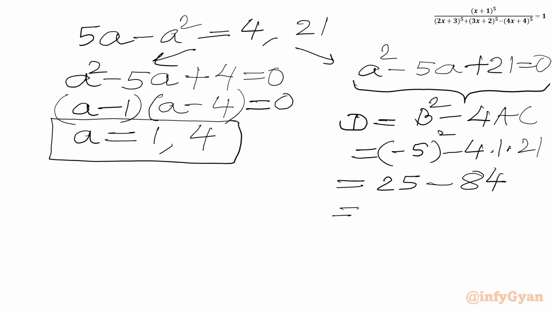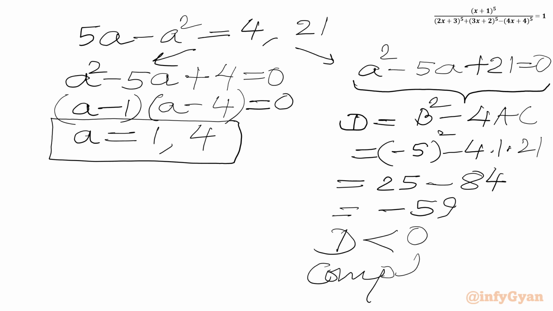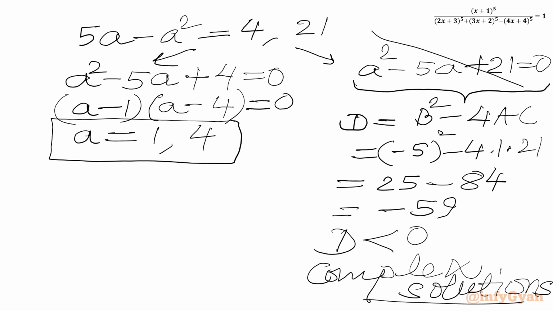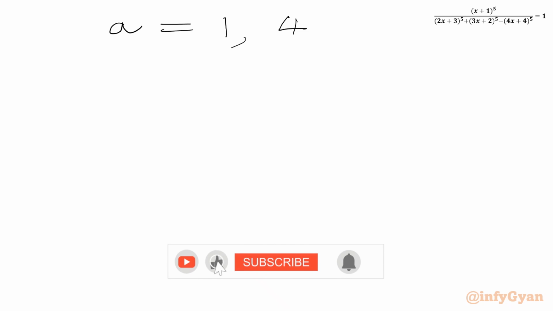This difference will come out negative. As our discriminant is negative, we are going to get complex solutions. But we are looking for real solutions only. So we can cancel this quadratic equation. So accepted A values are 1 and 4. Let me write here A equal to 1, A equal to 4.